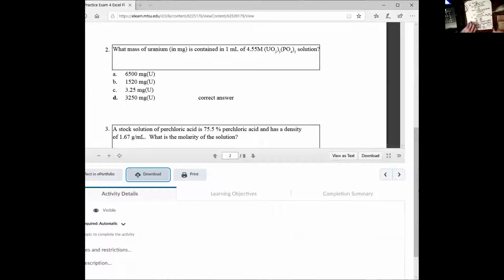All right. Now we're dealing with a stock solution of perchloric acid that is 75% perchloric acid and has a density of 1.67 grams per milliliter. What is the molarity of the solution?